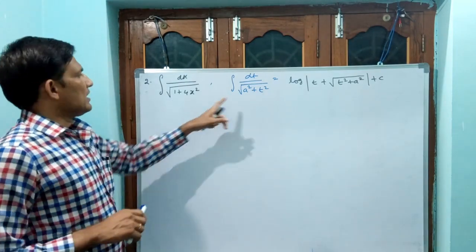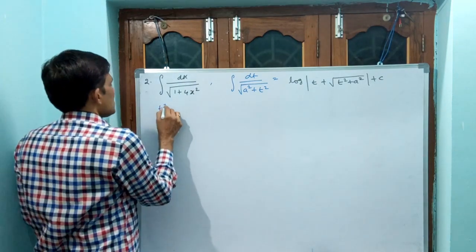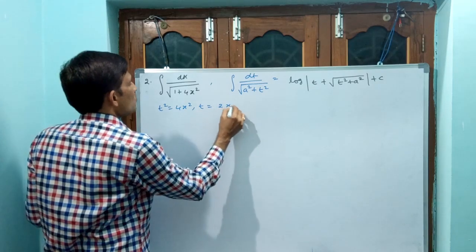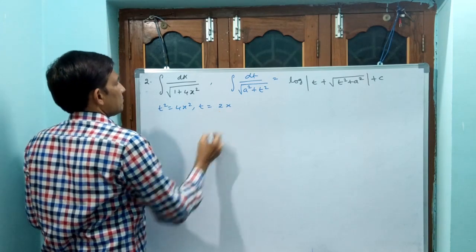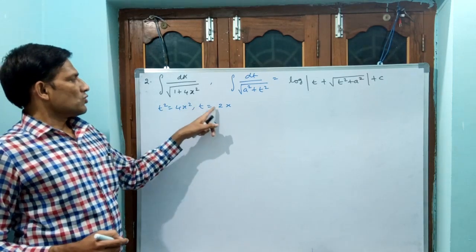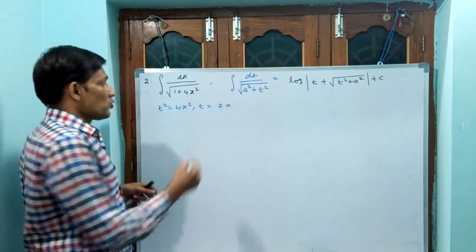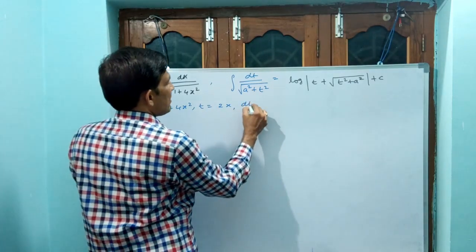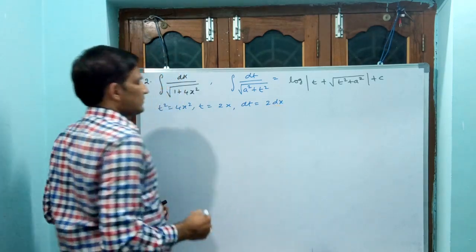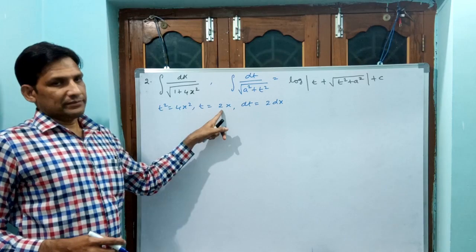T square will be 4x square, so t square is equal to 4x square, t is equal to 2x. If t is 2x, then dt will be 2 dx.